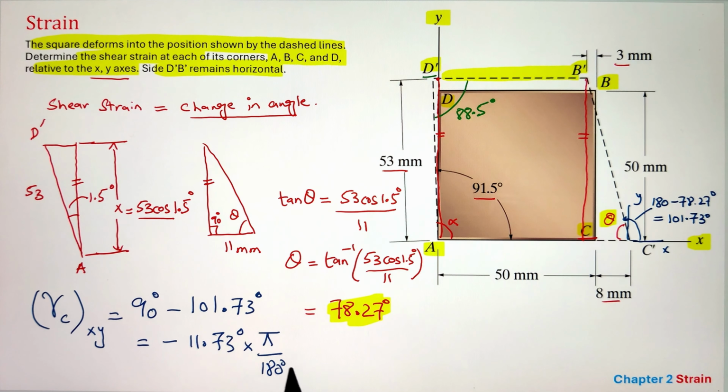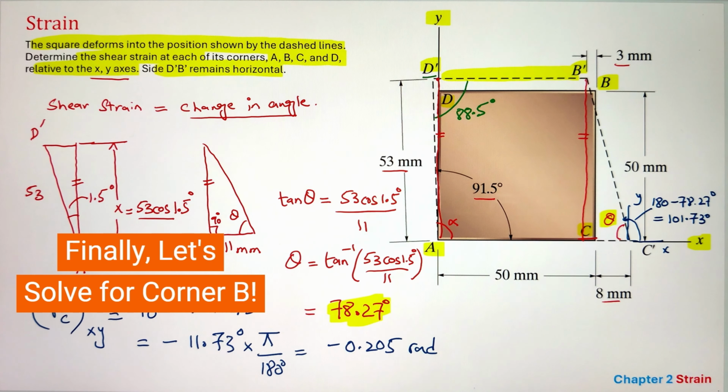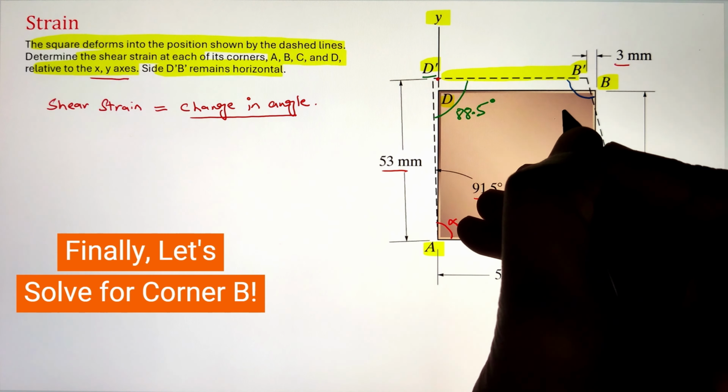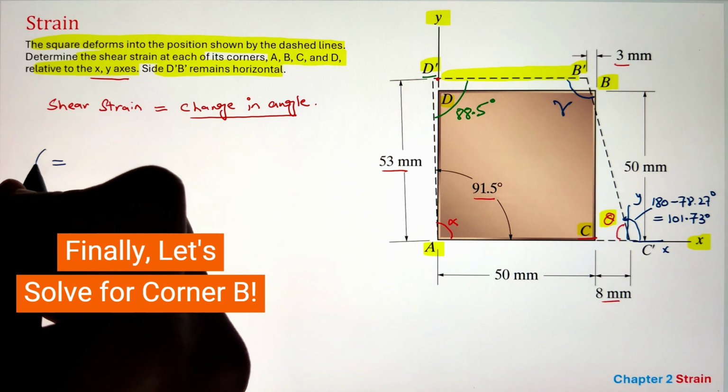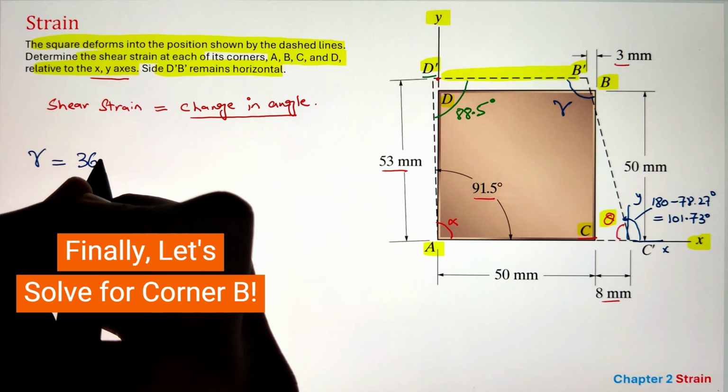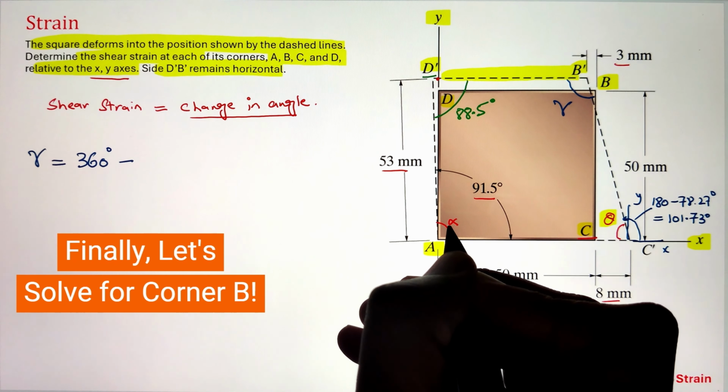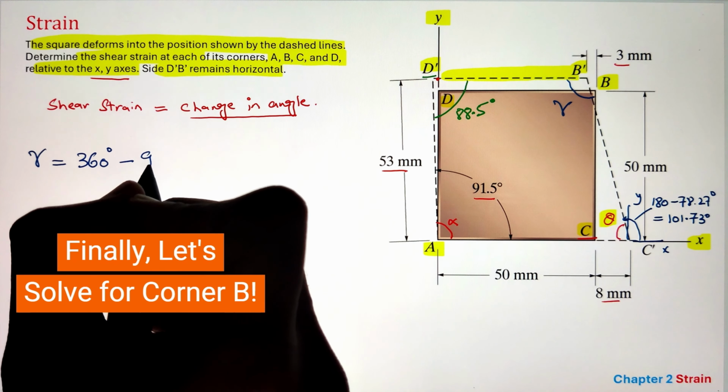Taking the difference between 90 and 101.73, we get negative 11.73. Multiplying it with pi over 180 gives us the value in radians as negative 0.205.